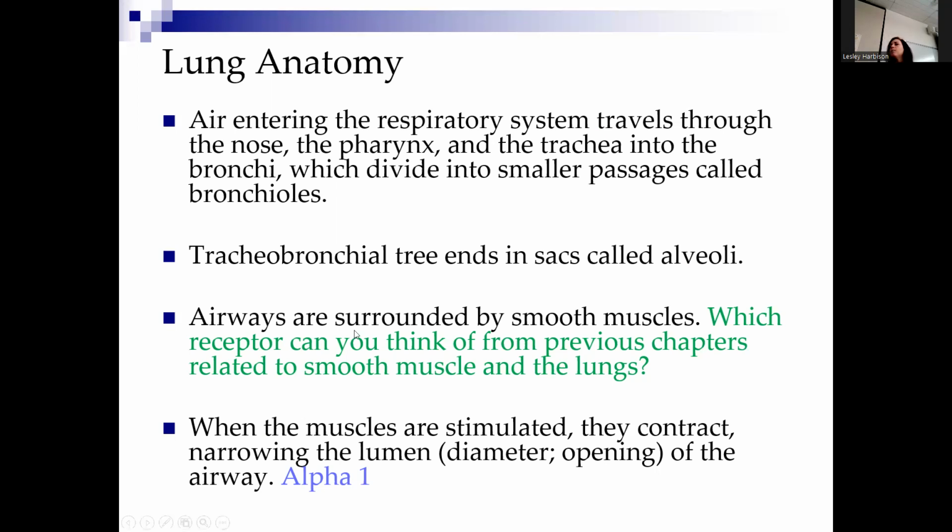When the muscles are stimulated, they contract. Some of these receptors actually dilate, and that can be confusing. But what the textbook is talking about is that if the muscle itself is stimulated, it will contract. That's different than something working on a receptor. So if a beta 2 is stimulated, you're going to get bronchodilation.